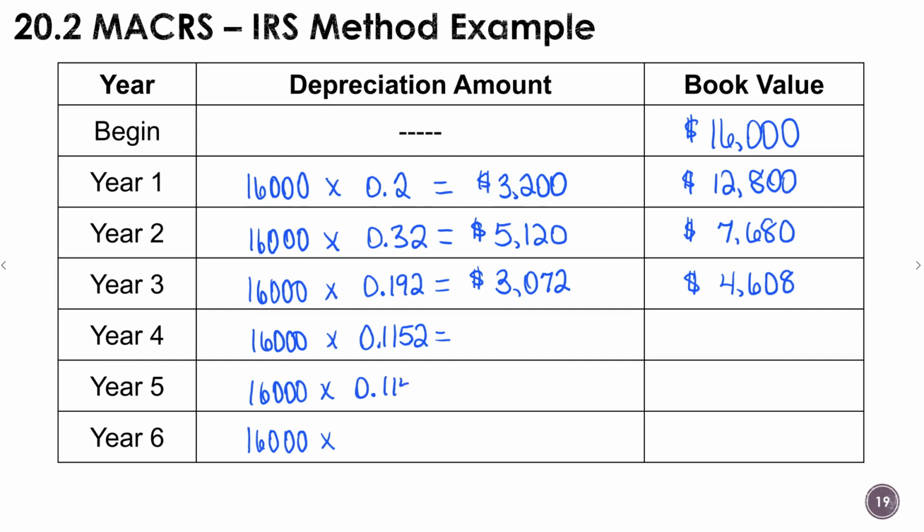So I'm just going to go ahead and write that out because we'll get the same answer for these 2 years, $1,843. And then we subtract, so on the first year, year 4, it will be 2,765. And then the next year will be 922.